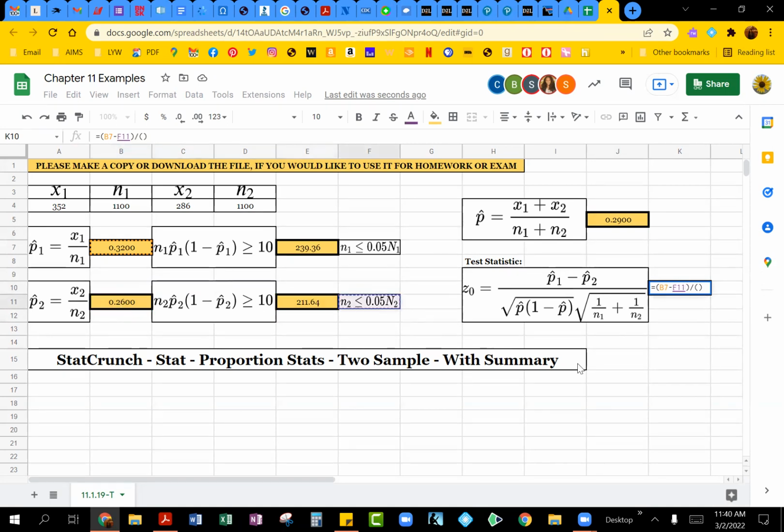And then on the denominator side, you can see we start out with square root. So we're going to put the square root value in parentheses, and you are doing square root of p hat, which is the number we just calculated, the 0.2900, multiplied by, in parentheses again, 1 minus p hat.